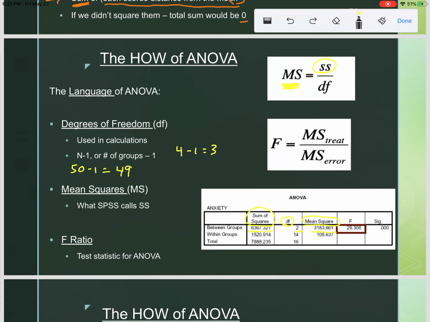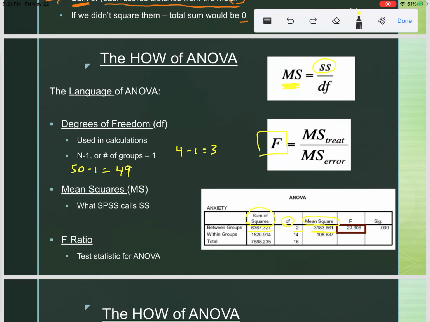And the reason why we have to find the mean squares is because that's what we're going to use to find our F ratio or our F statistic. When we did t-tests, when you looked at the SPSS readout, you were looking for the t-score. Now we're looking for an F score.